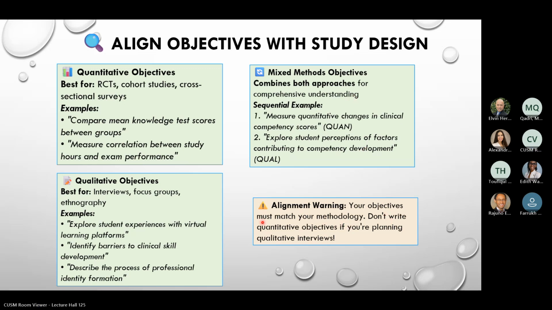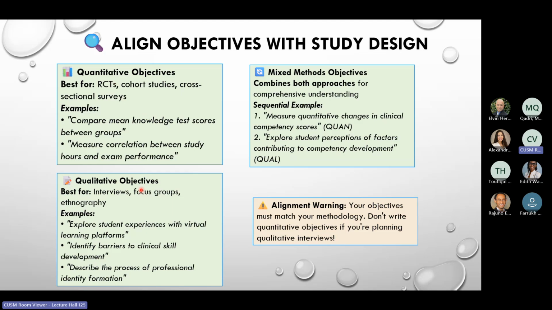Remember, in terms of alignment, your objectives must match your methodology. Don't write quantitative objectives if you're planning a qualitative research study or qualitative data collection. Your objectives for your quantitative study should reflect quantitative methodology.